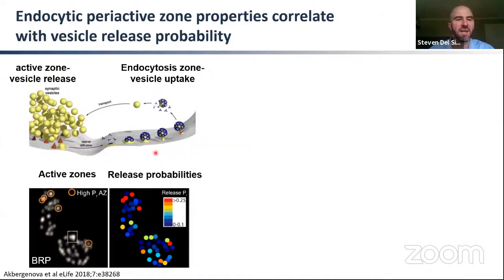And so this really takes advantage of observations from the Littleton lab, where he showed that for each of these sites of vesicle release, the release probability scales with the intensity and size of the active zone, both in terms of the scaffold proteins like BRP and also the calcium channels. And so basically we can infer the release probability, the rate of exocytosis for each of these spots just from how bright it is.